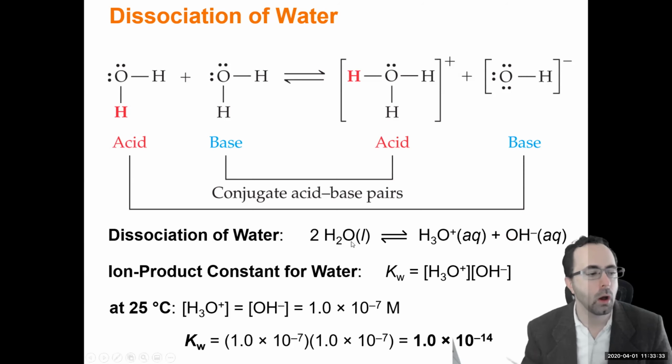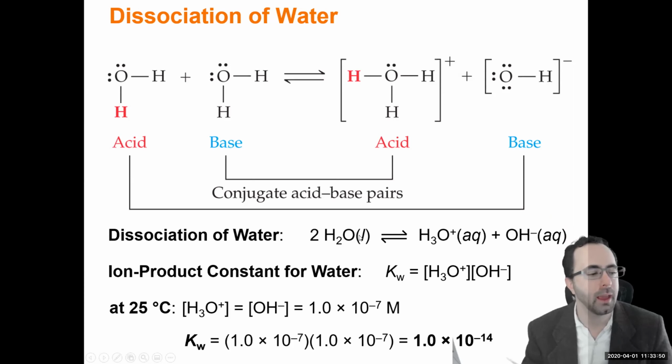So in pure water, every time one water molecule reacts with another, we'll get a hydronium ion and a hydroxide ion. In pure water, these would have to be the same, because every time you make one hydronium like this, you'll make one hydroxide.